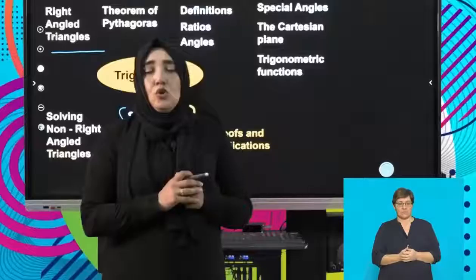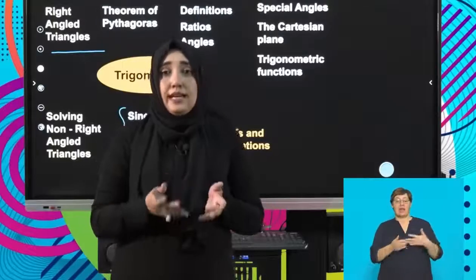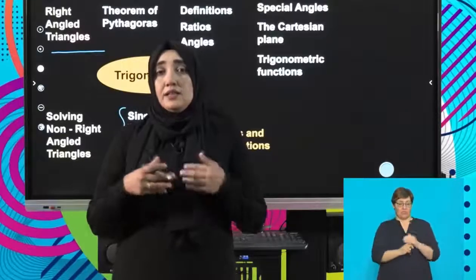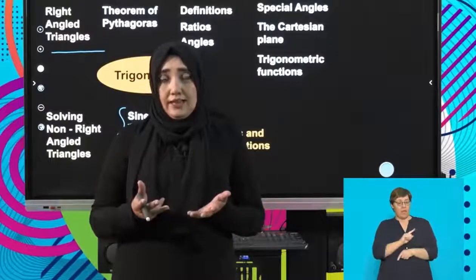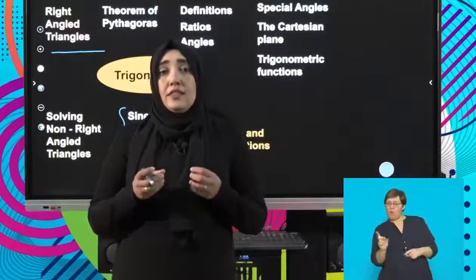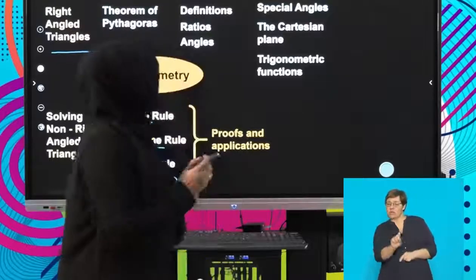Okay, so now we'll begin with today's lesson where we will be dealing with the sine rule. Remember, the sine rule is going to help us to find the lengths of sides as well as the size of the angles in non-right angle triangles.